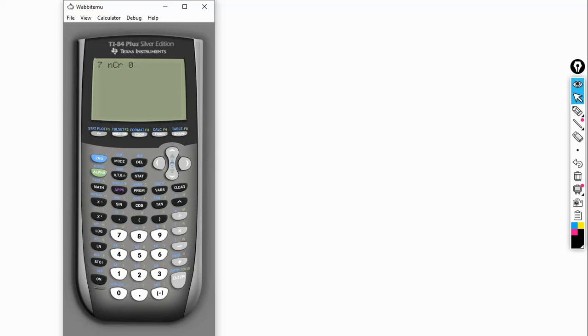So there, just hit Enter, and notice that it gives us 1. So you can do that for any case. And let's say 7 and 5. So let's say 7, and then we go Math, Probability, and then Combinations, which is number 3. And we said 7 and 5. Let's see what that gives us. It gives us 21.